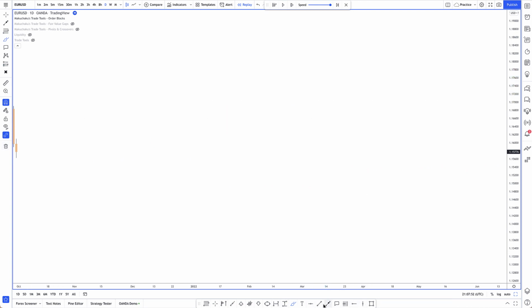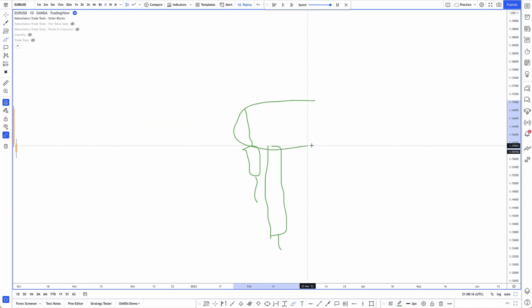I forgot to mention that when order blocks are formed, let's say this was a bearish order block, if it has a wick which is completely unmitigated, this becomes a rejection block.